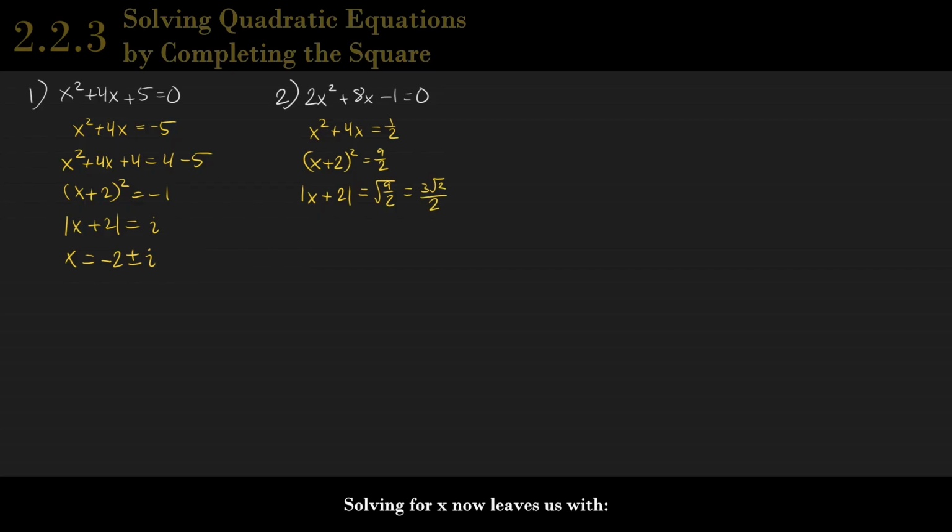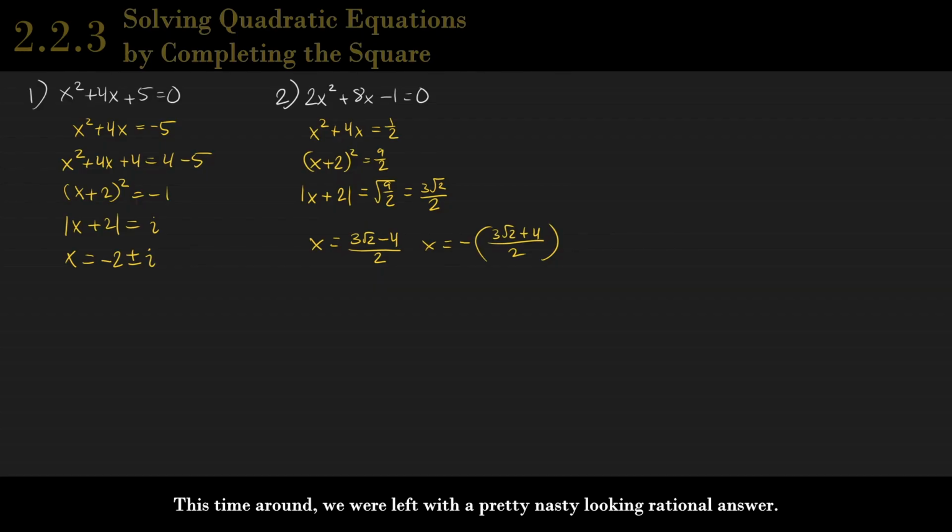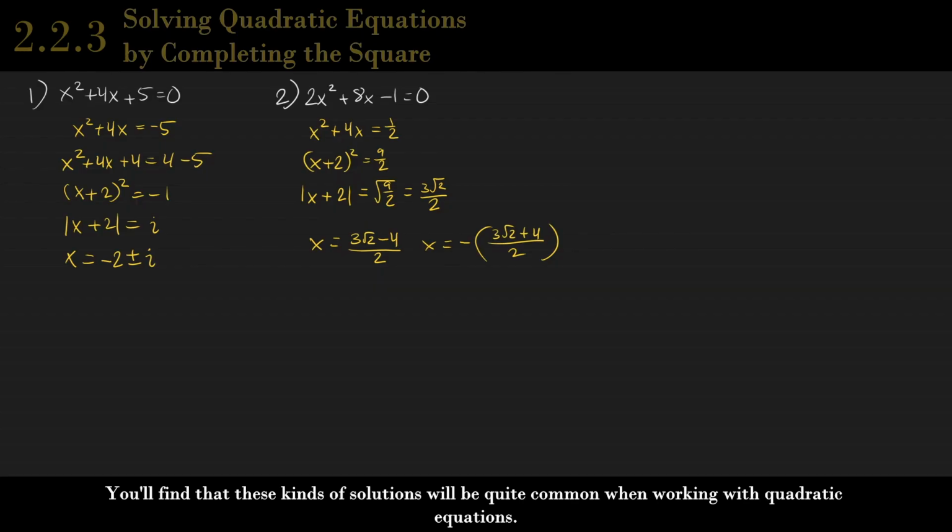Solving for x now leaves us with x equals (3 root 2 minus 4) over 2, and x equals (negative 3 root 2 plus 4) over 2. This time around, we were left with a pretty nasty looking answer. You'll find that these kinds of solutions will be quite common when working with quadratic equations.